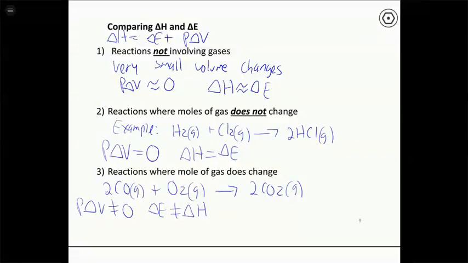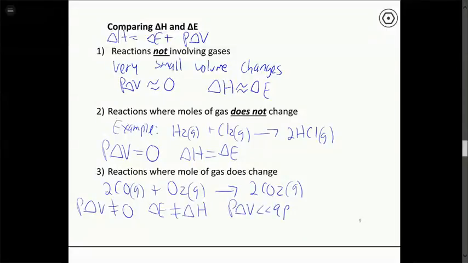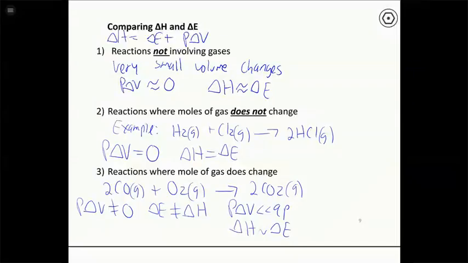However, that said, for most chemical reactions, this P delta V term, this work term that we have associated with delta E, is going to be much smaller than the heat change, QP. Which means that even for these reactions, in almost every case, delta H and delta E are pretty similar to each other. There's not a huge difference between delta H and delta E. All right?